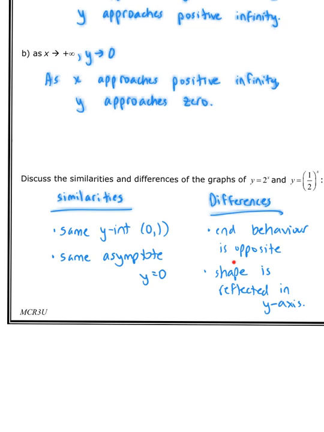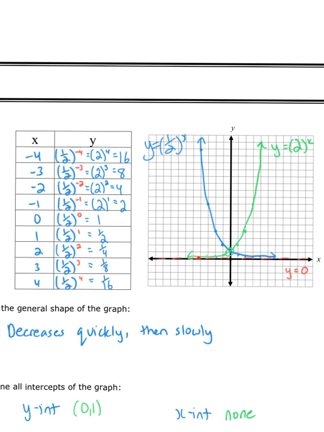So let's revisit the graph just to talk about this last point. Here I have the first graph, the exponential growth in green and the exponential decay in blue. And what you do notice is that they are reflected in the y-axis. What you could also notice is if you take the equation for the exponential decay, 1/2 can be written as 2 to the negative 1, and that has the exponent x.